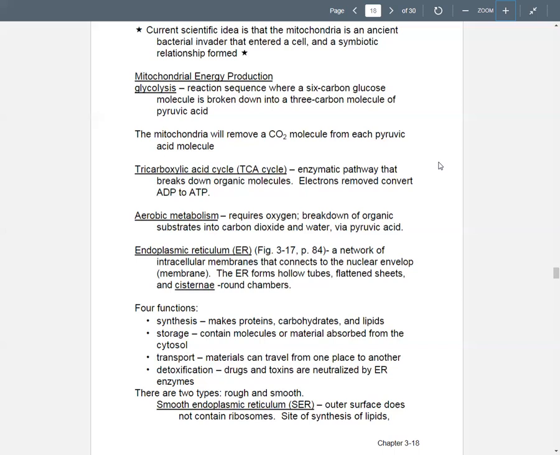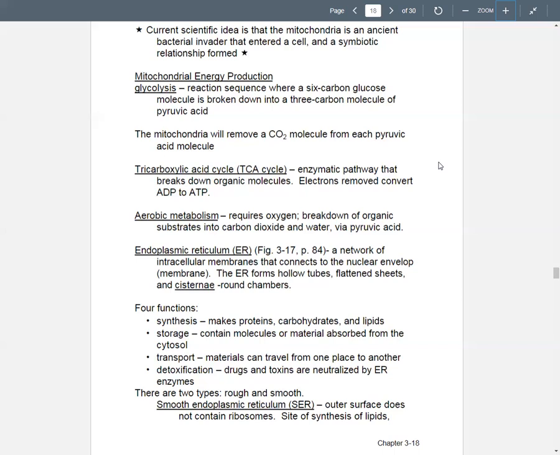Here you're breaking down organic substrates, those are reactants, into carbon dioxide and water, which are products, via that pyruvic acid that we just made in glycolysis. Okay, so those processes are very important to the mitochondria, and that's how they make ATP. That's how they become the powerhouse of the cell.